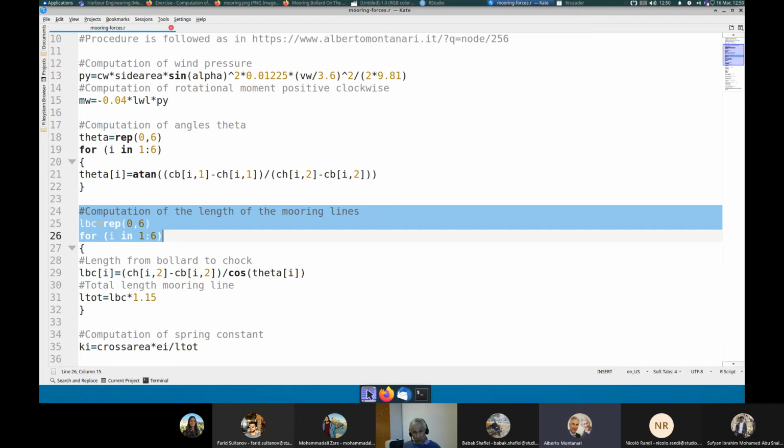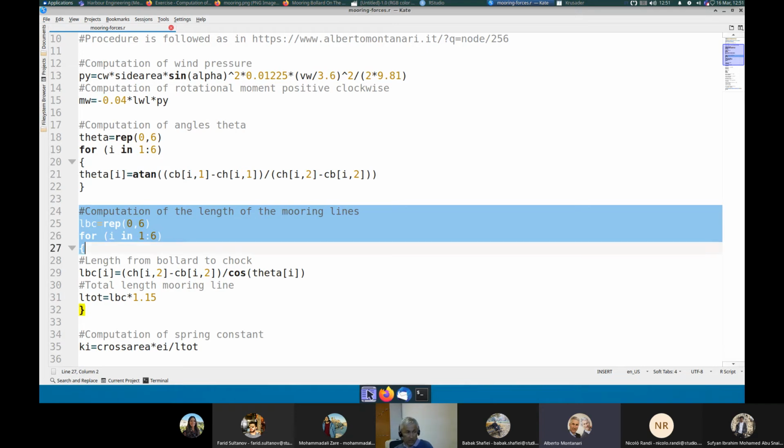So what you write is for, open the round parentheses, i in 1:6. I in the range 1 to 6, okay? And this is what I am selecting now on the screen. And then you use the curly bracket to encompass the instructions that are to be repeated each time.